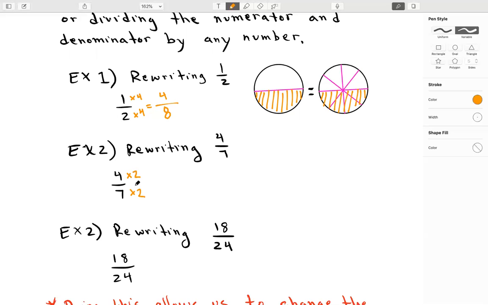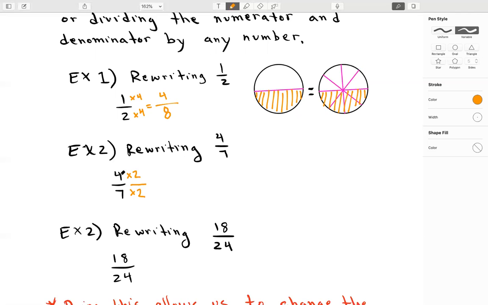And remember, it has to be the same number. One way you can think of this is, really we're just multiplying this fraction by 1, and whenever you multiply something by 1, it just becomes itself. So anything over itself is 1, and we're multiplying 4/7 by 2/2.